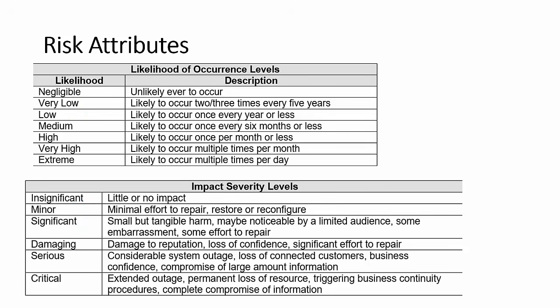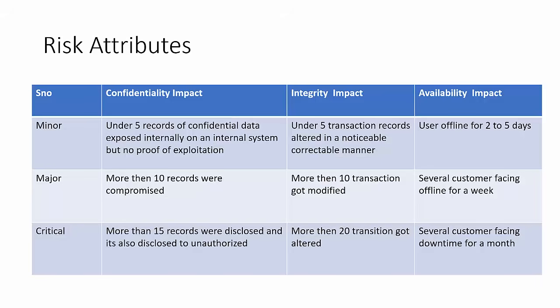So here you can see another way we have calculated the likelihood. See, sometimes what happens, risk impact is mapped with CIA: confidentiality, integrity, availability. Here you can see we have a server which basically stores the PI data. We have a server which basically stores the PHI data.